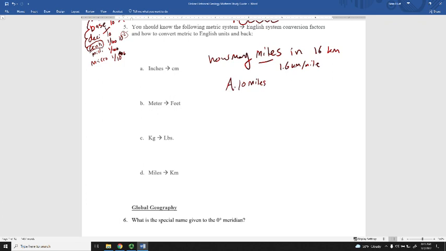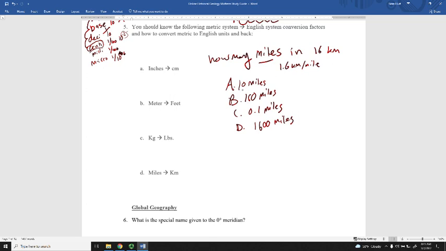So maybe one of your possible answers would be 10 miles. Another one might be 160 miles. Or another one might be 0.1 miles. Or something might be 1,600 miles. So I'm just kind of trying to show you that you just need to have a basic ballpark understanding of how these units convert.